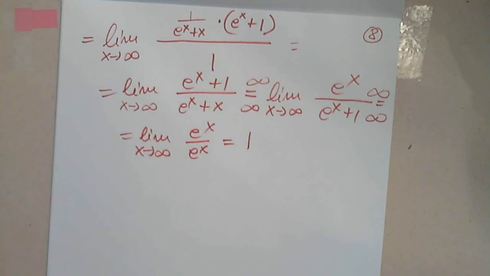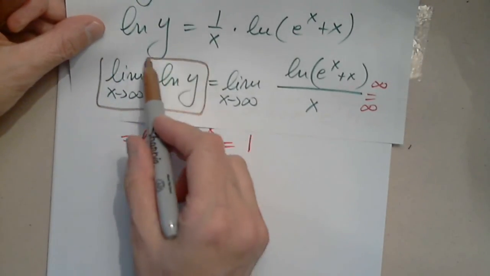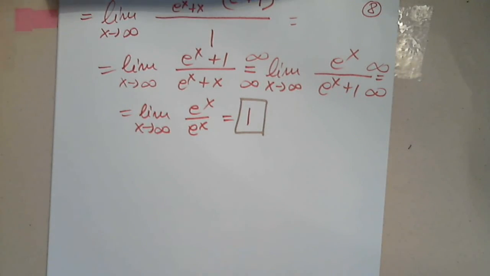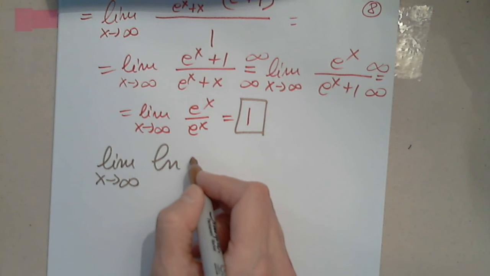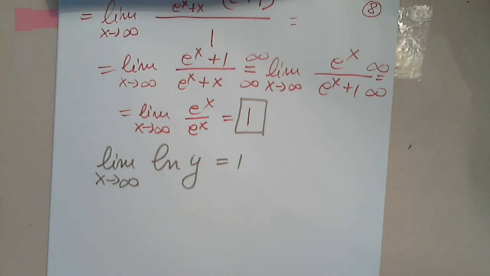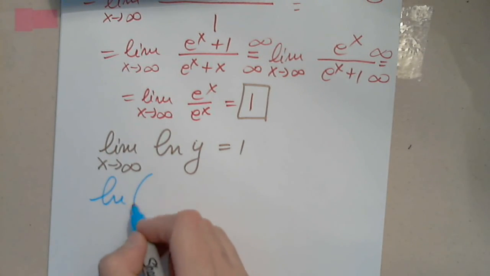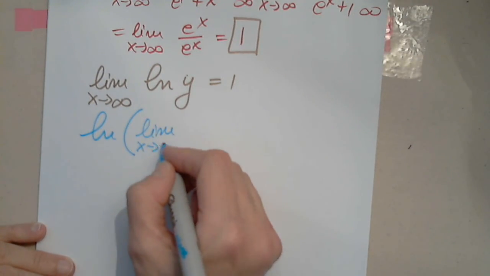In order to finalize this, I have to go and copy the beginning of the limit and the end of the limit. So I copy: limit as x approaches infinity of natural log y equals 1. At this point, I'm allowed to swap the operators. Natural log of the limit as x approaches infinity.